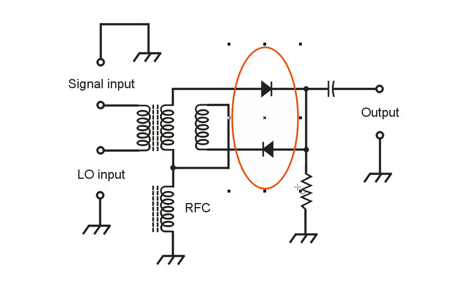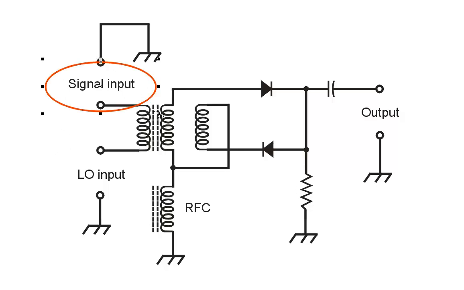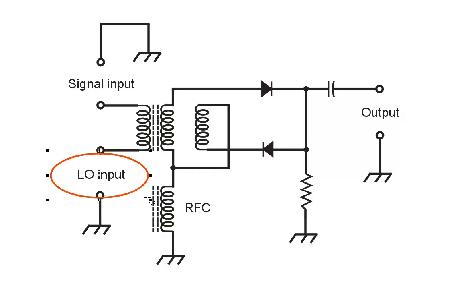What this circuit actually is, is a passive mixer. We are mixing the single sideband energy here with the frequency of an unmodulated carrier from a local oscillator, and this local oscillator has to have just the right frequency.